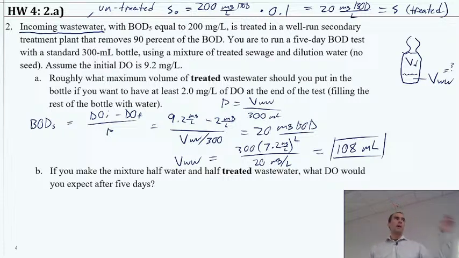And if you stop and think a moment about just the intuition of it, we have a bottle. It starts with 9 milligrams per liter of oxygen, and then we've got some substance that's going to remove oxygen. And that stuff has 20 milligrams per liter of oxygen demand, right? So if our initial dissolved oxygen was 25, we could fill the bottle, right?